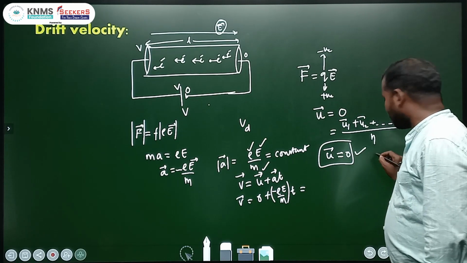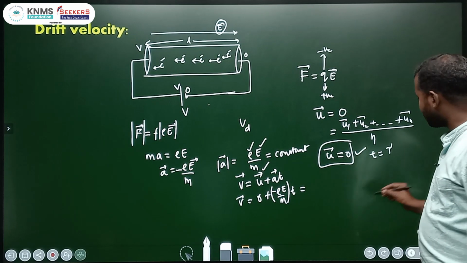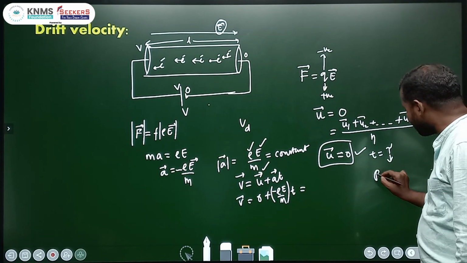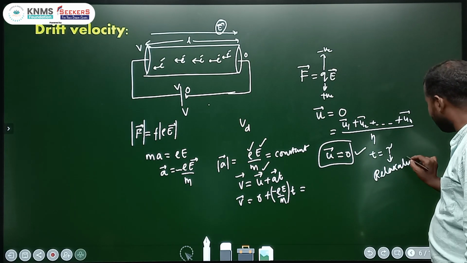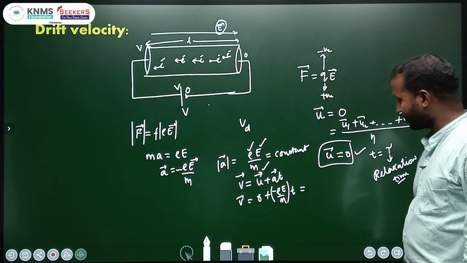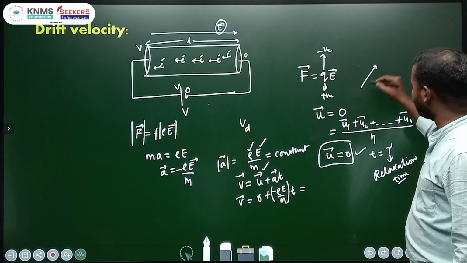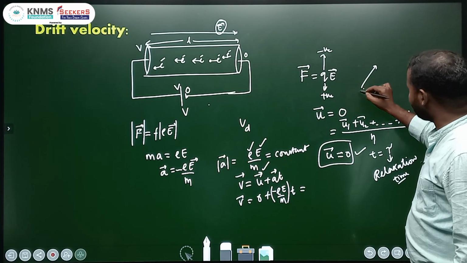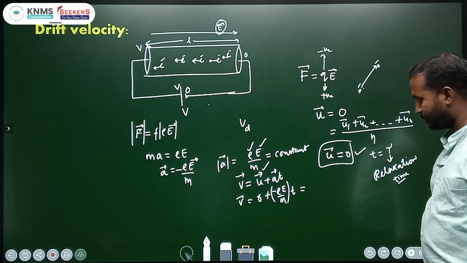Now here, t is equal to tau, which is called relaxation time. What is relaxation time? Relaxation time is the time between any two successive collisions. For example, if an electron is going and hitting another electron and so on, how much time it has taken from one collision to another collision, such time is nothing but relaxation time, right?